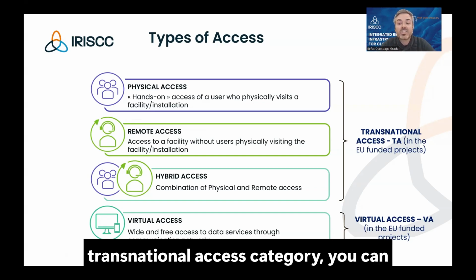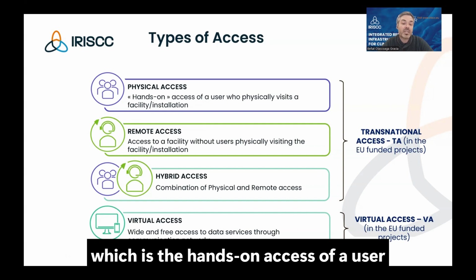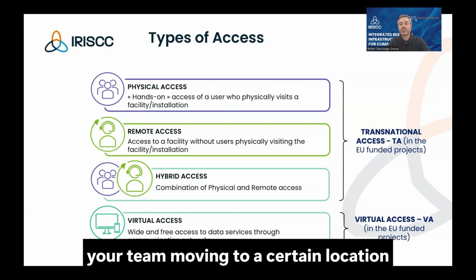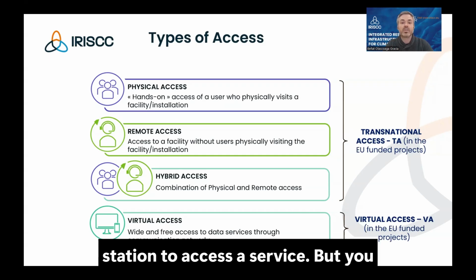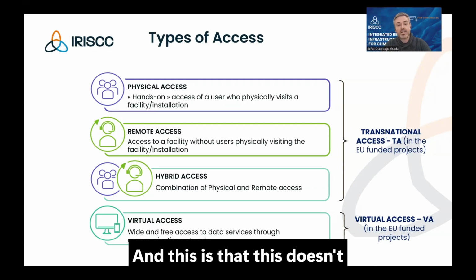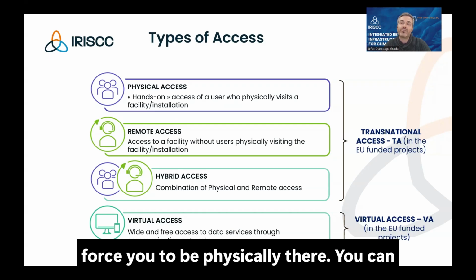In the transnational access category, you can find the physical access category, which is the hands-on access of a user who physically visits a facility or an installation. So that would be you or your team moving to a certain location or station to access a service. But you can also apply for remote access, which doesn't force you to be physically there.